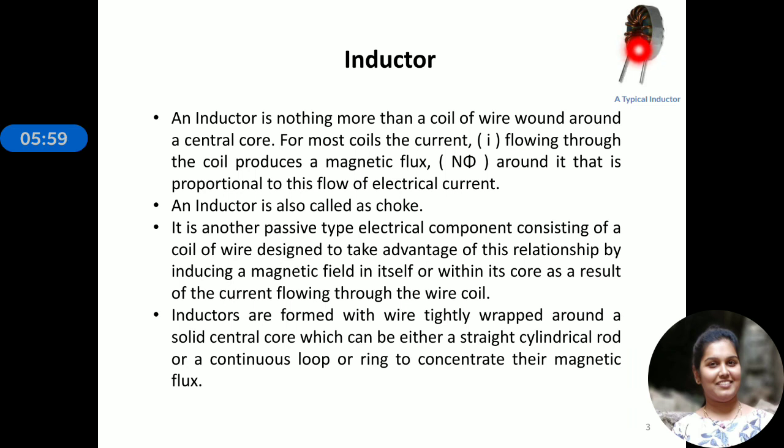Inductors can be of any type, like it may be a rod type, or some loop type, or it may be circular in shape. But the thing is that for an inductor there will be a core. On the core, a coil will be wound, some conducting wire will be taken and wound, and that forms an inductor.